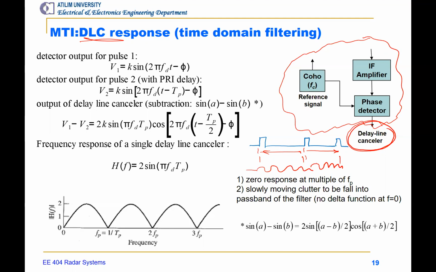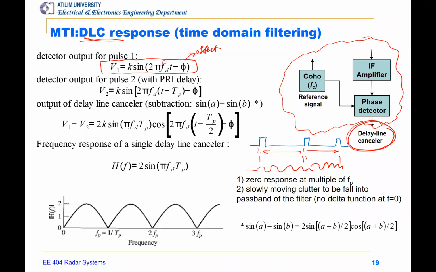First, for the first pulse, first TP, we got simply k times sine 2 pi ft t minus phi, which is offset introduced by the first position of the target.